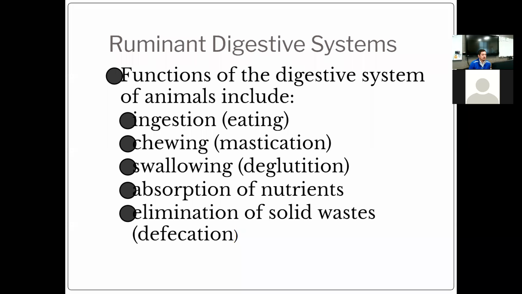Deglutition, I'm still stuck on that one. All right, I'm going to give you about 10 seconds to make sure that you have your notes page filled in correctly with all of the blanks on this page. Functions of the digestive system include ingestion, mastication, deglutition, absorption, and defecation.